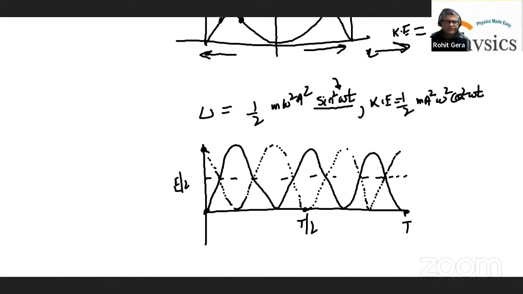So this graph, which is a dotted graph, is a representation of half m omega square a square. काइनेटिक एनर्जी का कितना था? हाफ एम ओमेगा स्क्वायर ए स्क्वायर, सॉरी पोटेंशियल एनर्जी का था हाफ एम ओमेगा स्क्वायर ए स्क्वायर साइन स्क्वायर omega t.